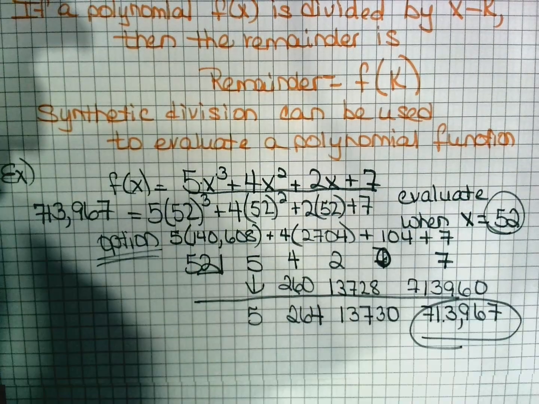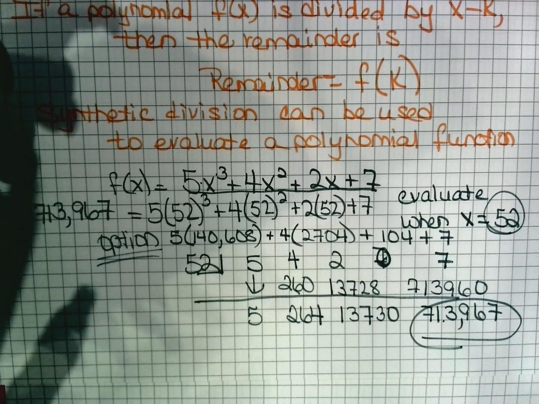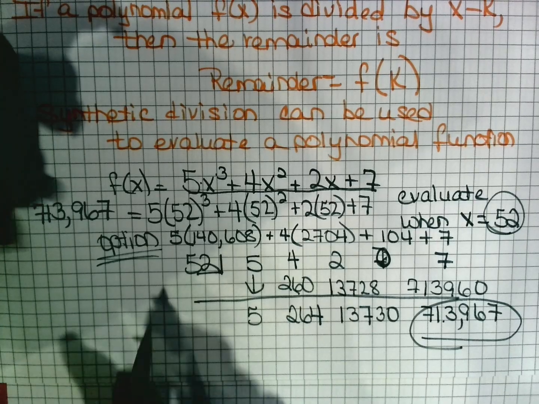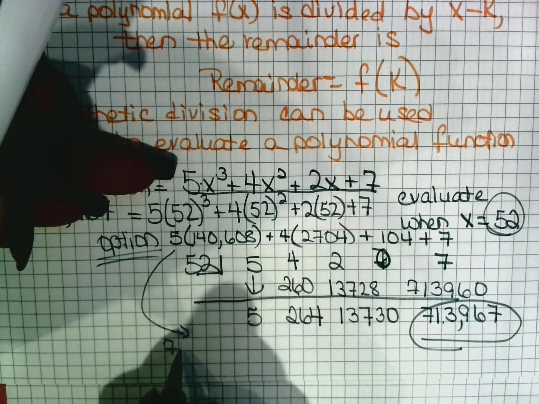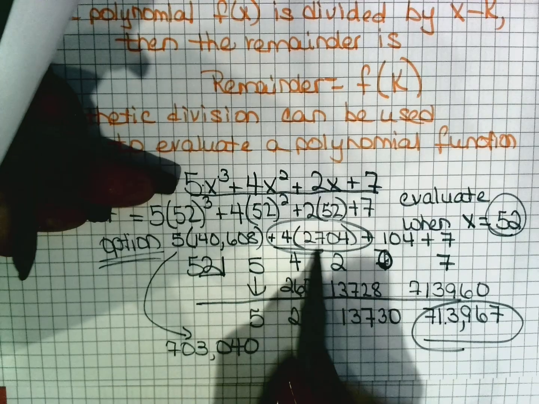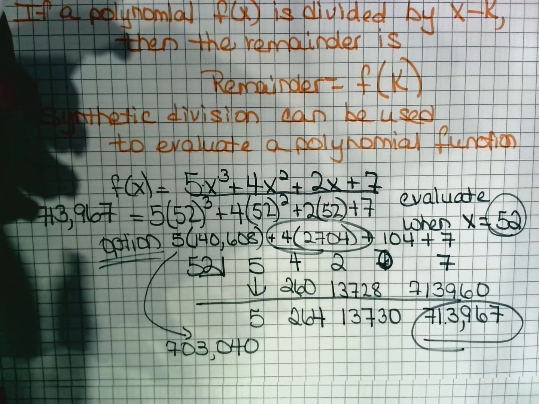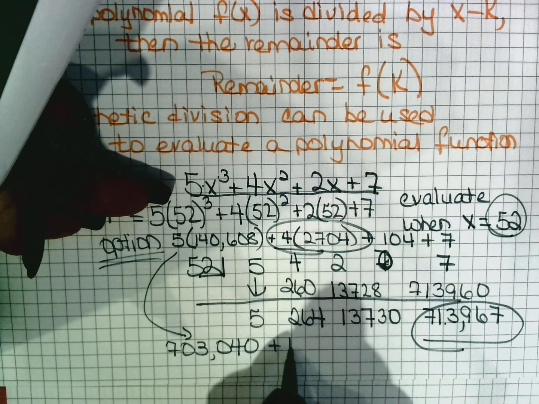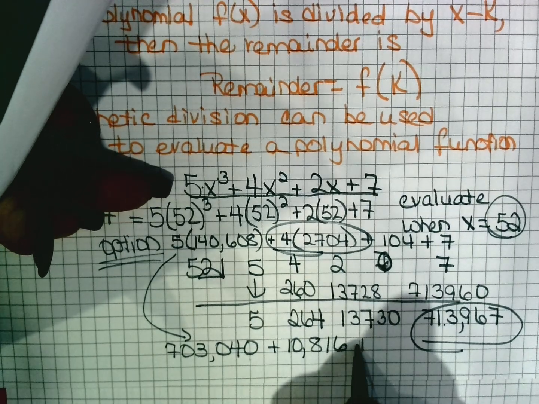So then we're going to multiply 140,608 by 5. I'm going to do it over here because I've run out of space. 703,040. And we're going to multiply 2704 times 4, and that's going to give me 10,816.